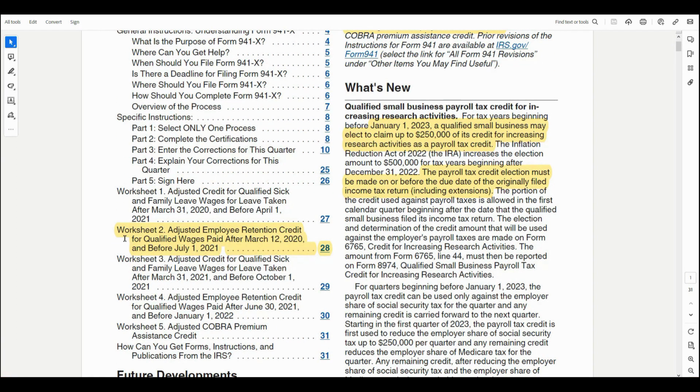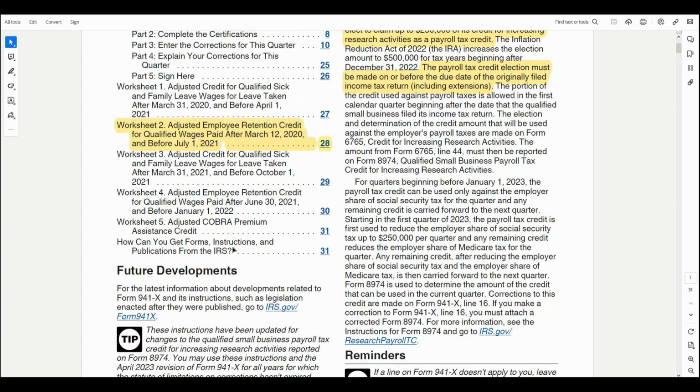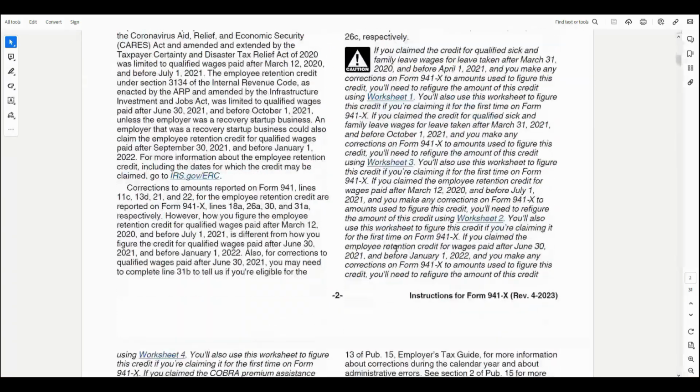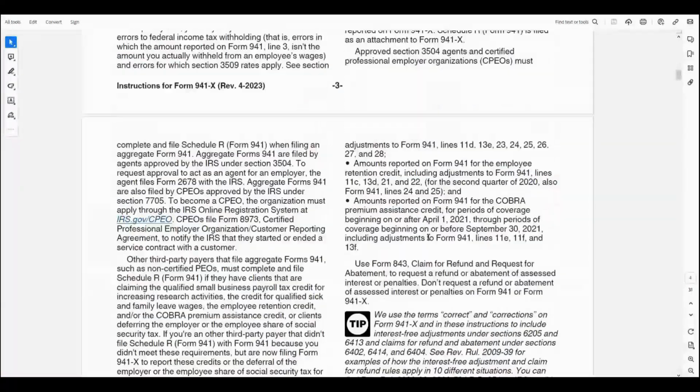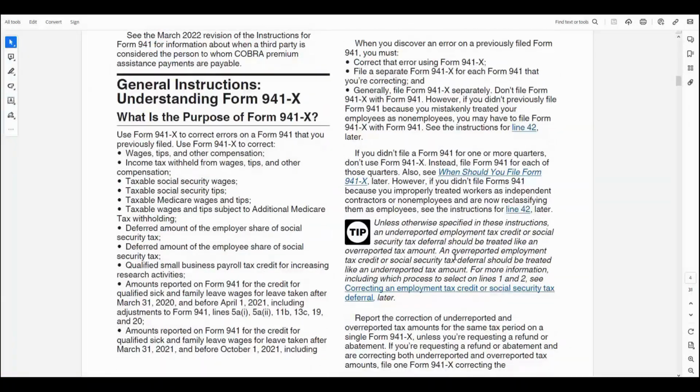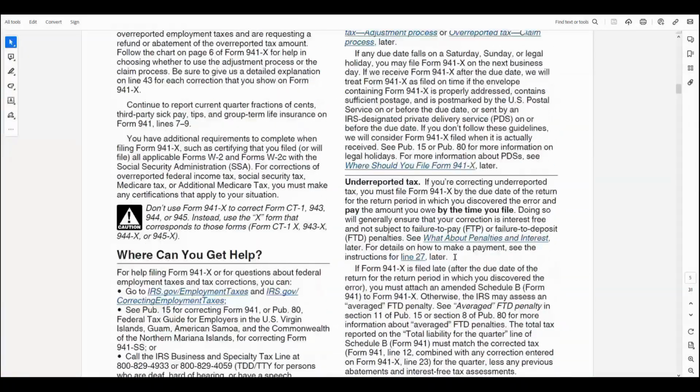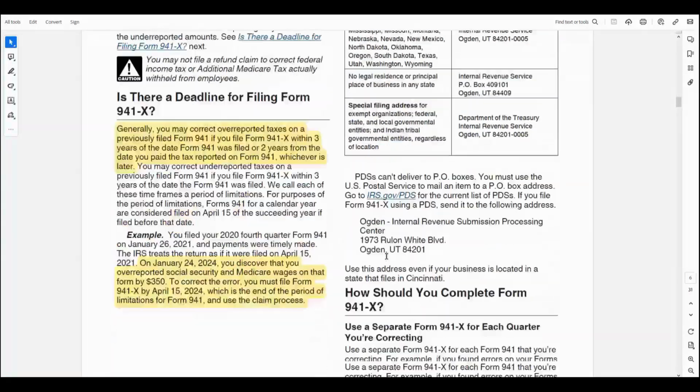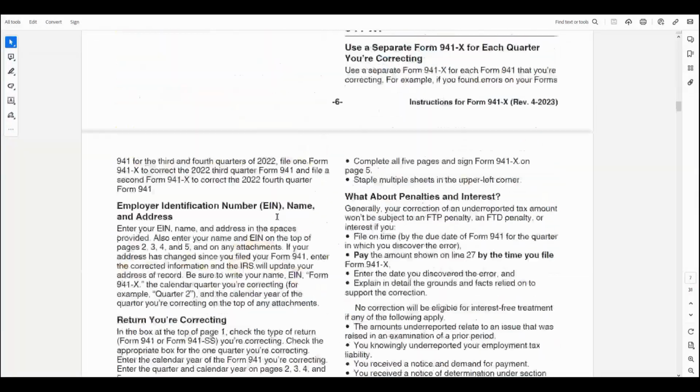I highlighted the worksheet 2 that we're going to be using to calculate the employee retention credit. Okay. So essentially, what you want to do is scroll down. Okay, general instructions. Okay, and then they have per sections.